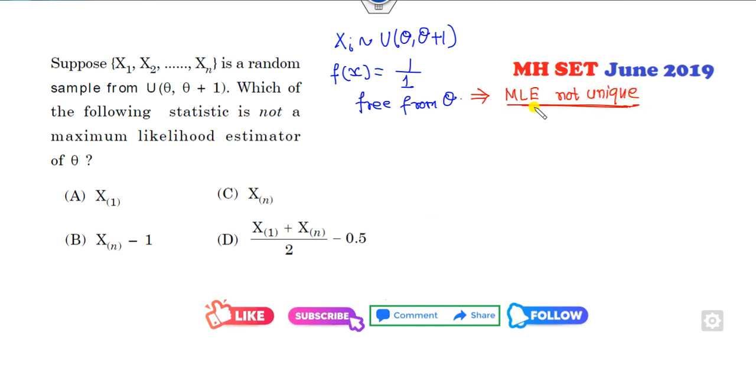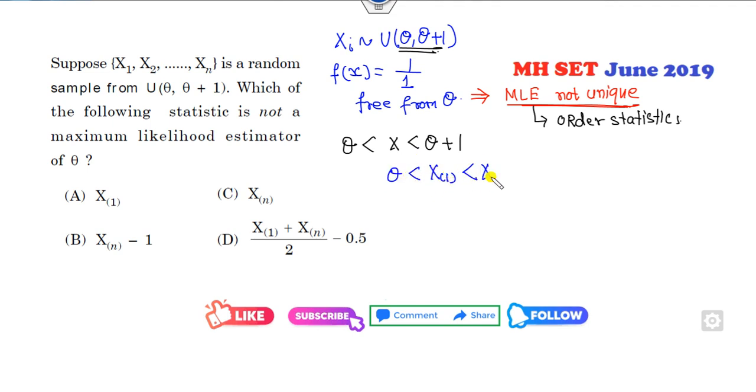Now whenever the MLE is not unique, we always think about the ordered statistics. Always remember that. So how can you write it? Look at the domain: theta is less than x, which is less than theta plus 1. In terms of ordered statistics, x1, x2 and so on up to xn are less than theta plus 1.